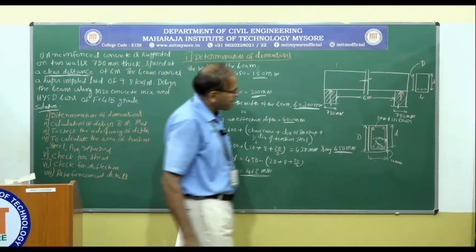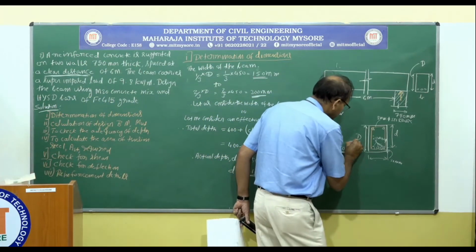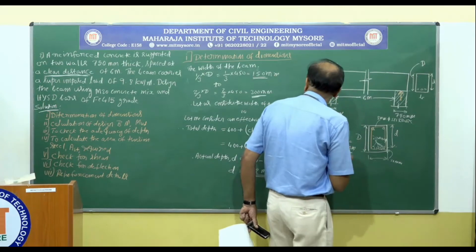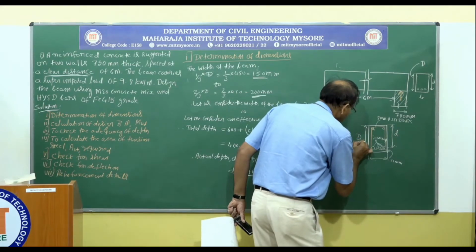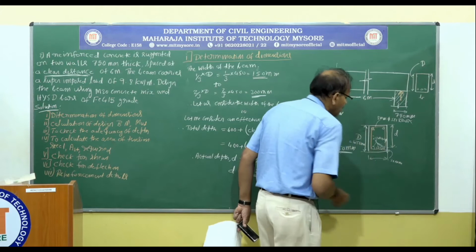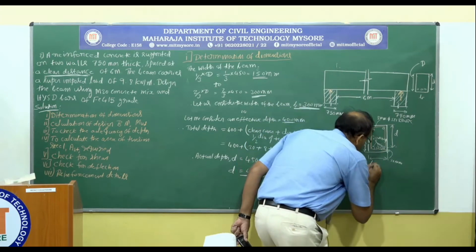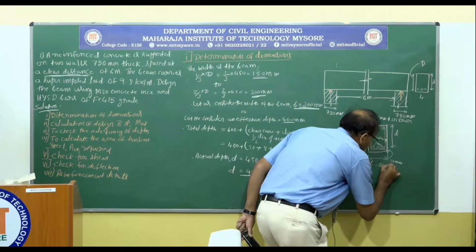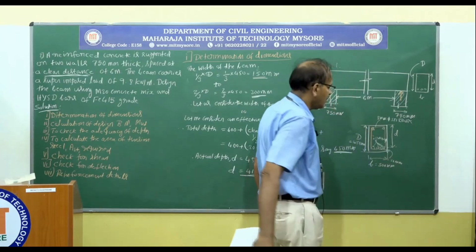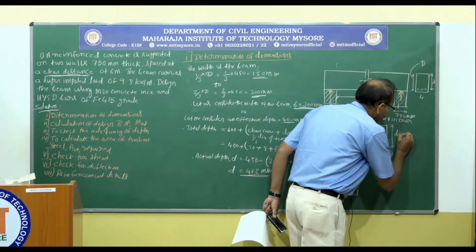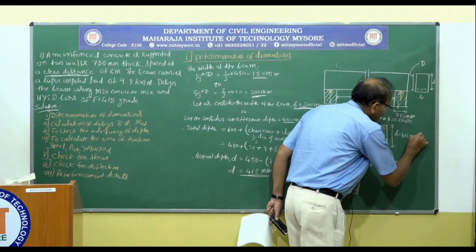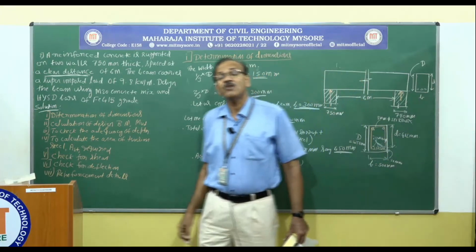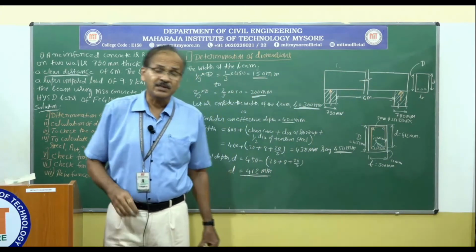So now D is fixed. What is this? 450 millimeter. So width is 300 millimeter and the effective depth is 412 millimeter. Okay, now we know the dimensions.